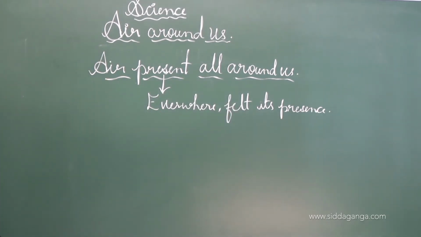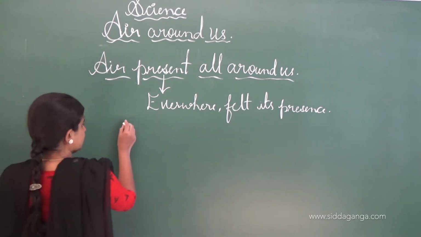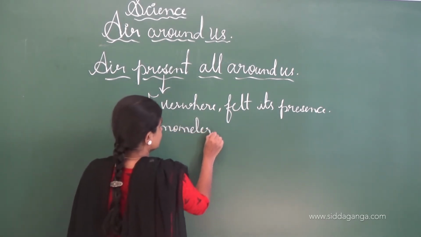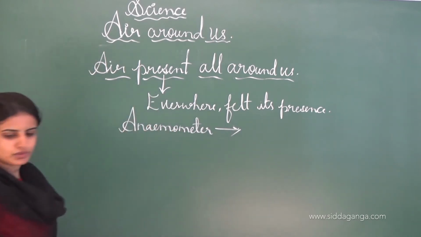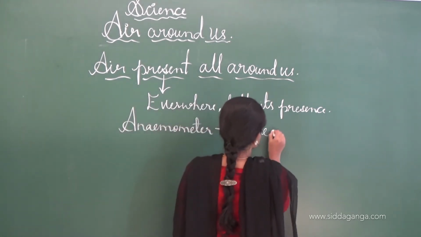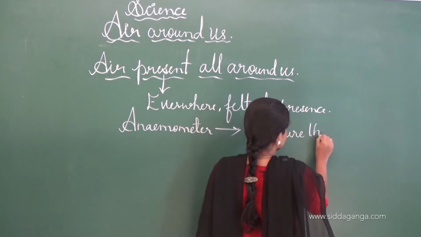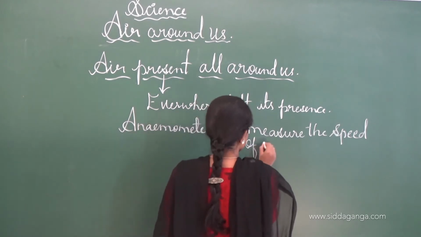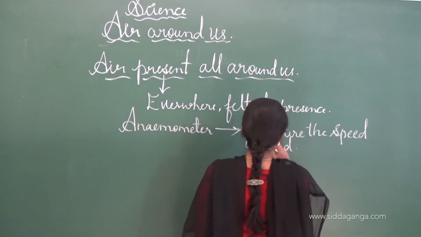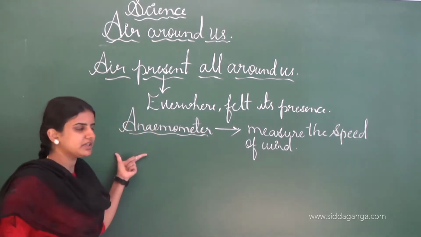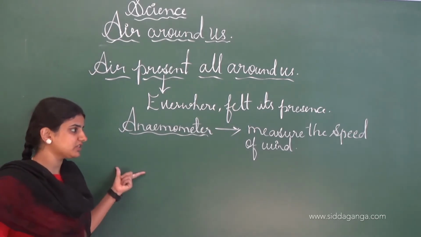Like that, there are important terminologies or terms which come under this heading, and there is a device named anemometer, a device which is helpful for measuring the speed of the wind.